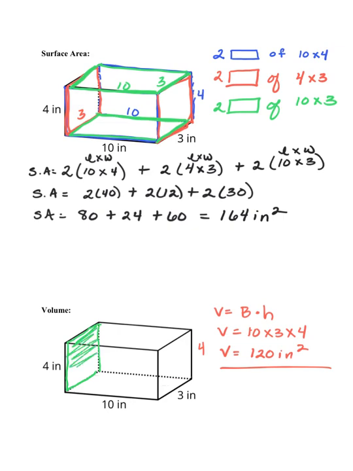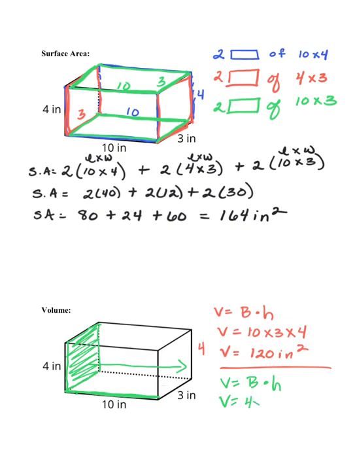So if I'm using this side for my base, okay, volume is area of my base times the height. If that's my base, this is the height of the figure, because I'm stacking up those bases for the entire height of the figure till I get to the other side. So the volume would equal the area of that base.